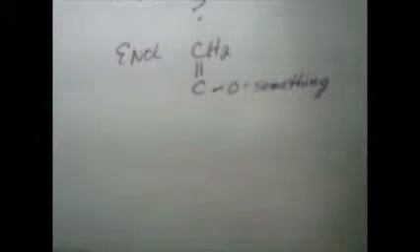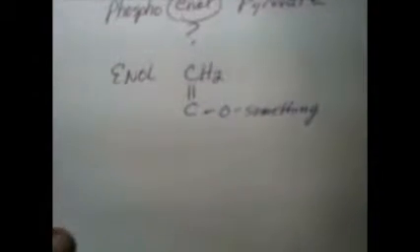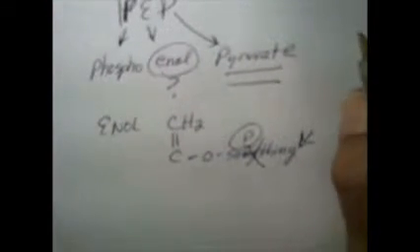And in this case, with phosphoenol pyruvate, the something that's going to be here is a phosphate. Now the other clue we have in the name is pyruvate, which I tell people to memorize this way. And it makes no sense at all. It's just a fun way to remember pyruvate.